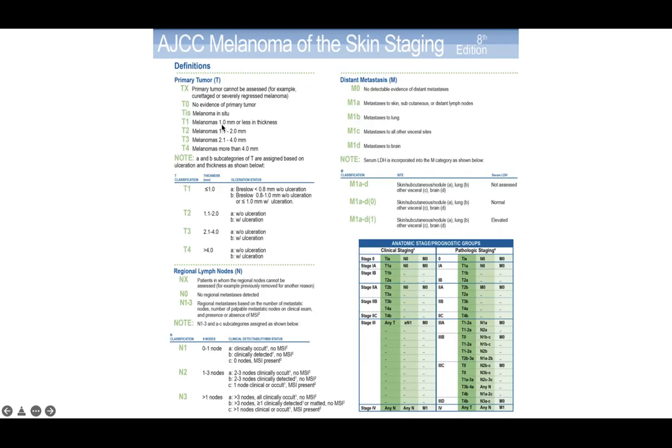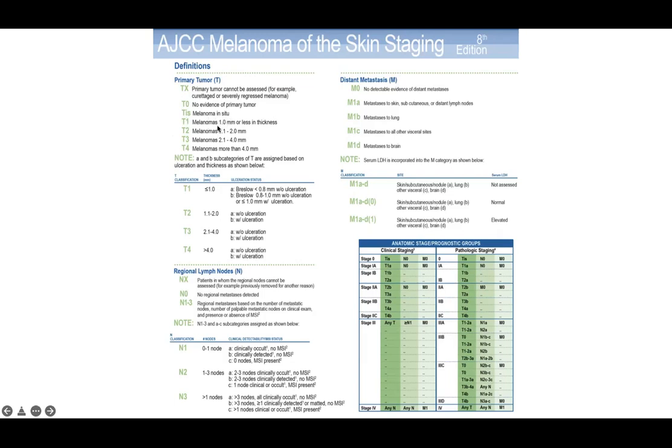So looking up at the primary tumor or T classification, if you have something that you cannot assess because it's severely regressed or the sample's heavily fragmented due to curettage, that's going to be a pTX. There's no evidence of primary tumor invasion. That's a T0. If you have in situ melanoma, that's a Tis.